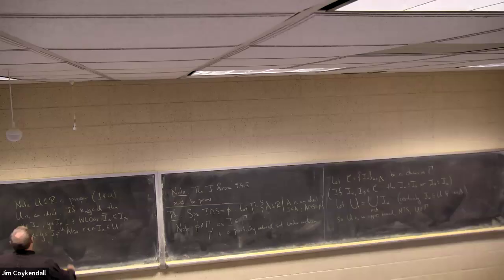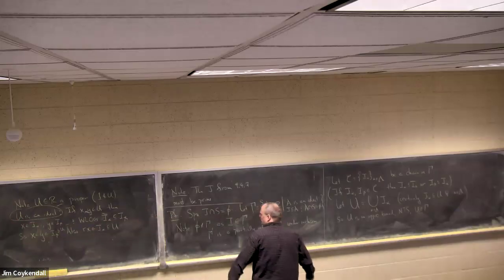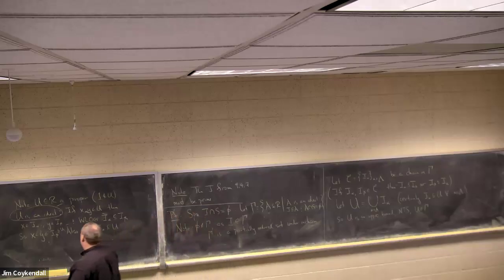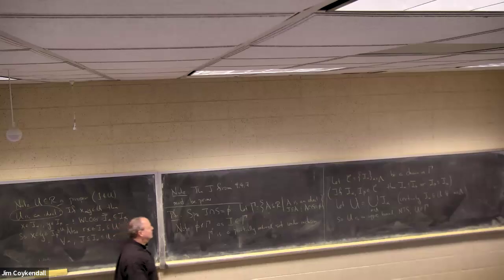So it's an ideal. We need it to contain I. But for all alpha, I is contained in I alpha, which is contained in the union. So I've got that.